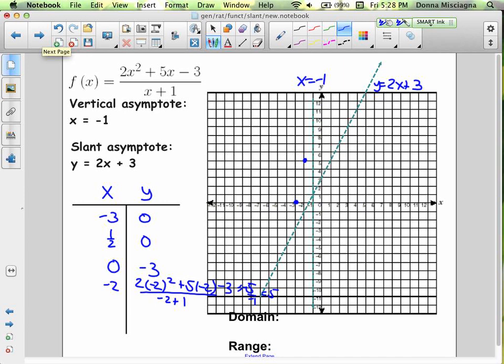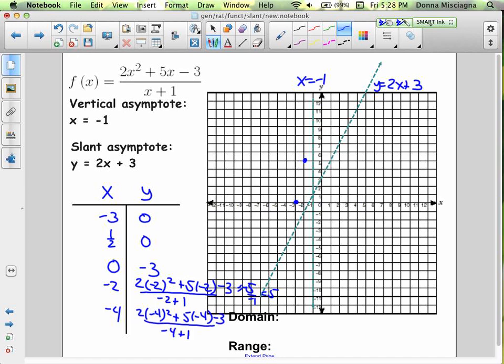All right. Let's get one more, because notice I'm not quite as close. Let's get one more to make sure that our shape is pretty good. So let's take -4. So if we do that, we've got 2 times -4 squared plus 5 times -4 minus 3, all divided by -4 plus 1.